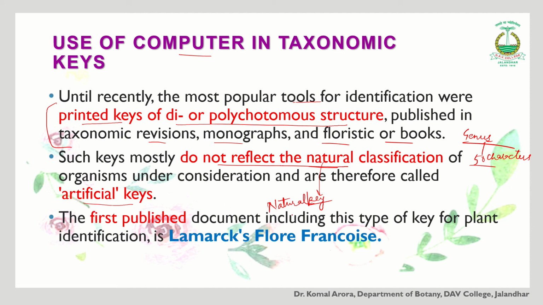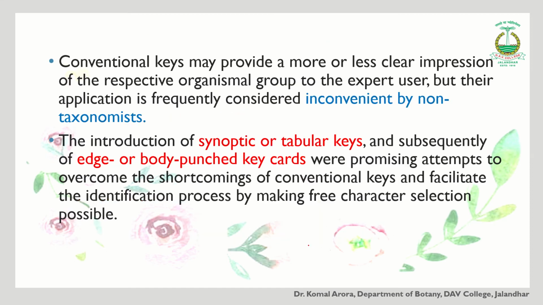So the first published document that had natural criteria was Lamarck's Flore Francoise. The very first key that was published for identification was by Lamarck. Then the conventional keys were used. Sometimes they provided a clear impression of the genus or the species, whatever you want to look for, or sometimes relevant information so that you can at least come close to that group.